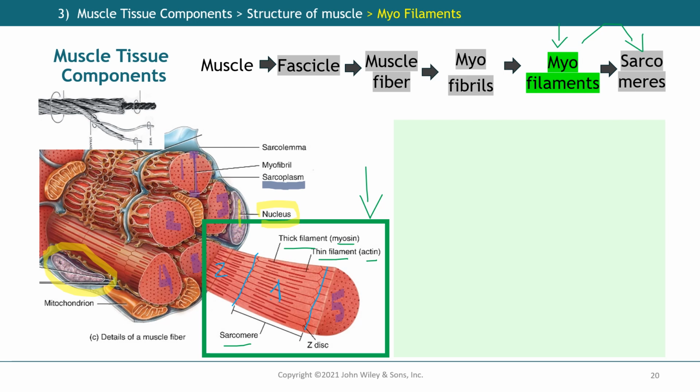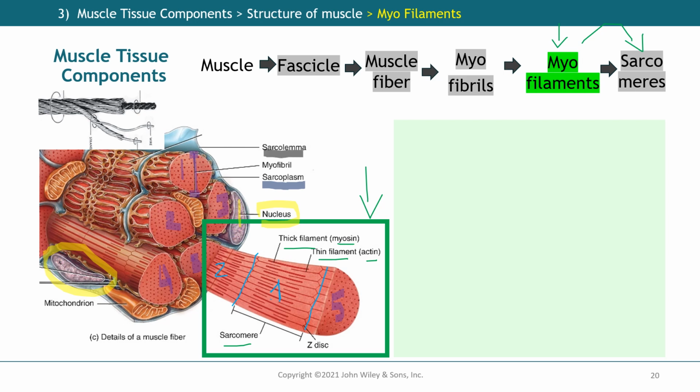So we talked about nucleus, mitochondria, cytoplasm, and now we need to talk about the plasma membrane. The plasma membrane of this muscle cell, let's put it here in black, is the sarcolemma.